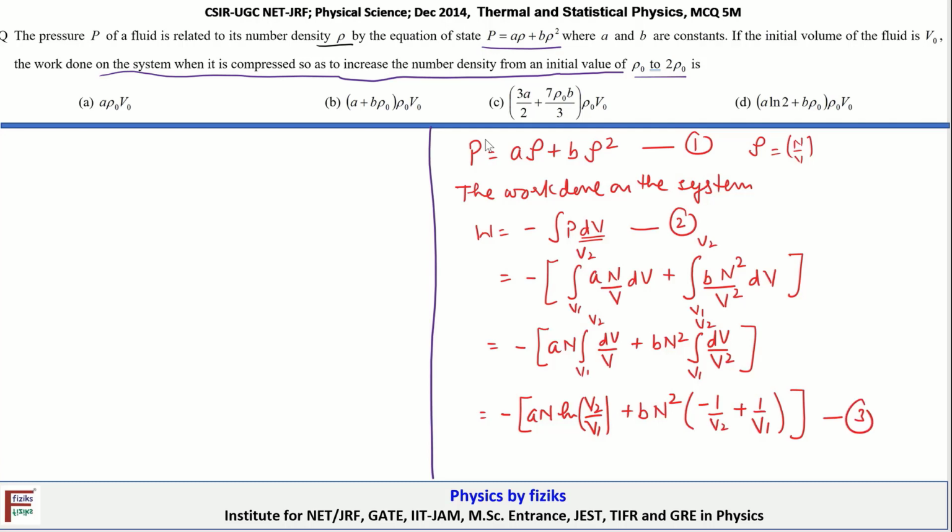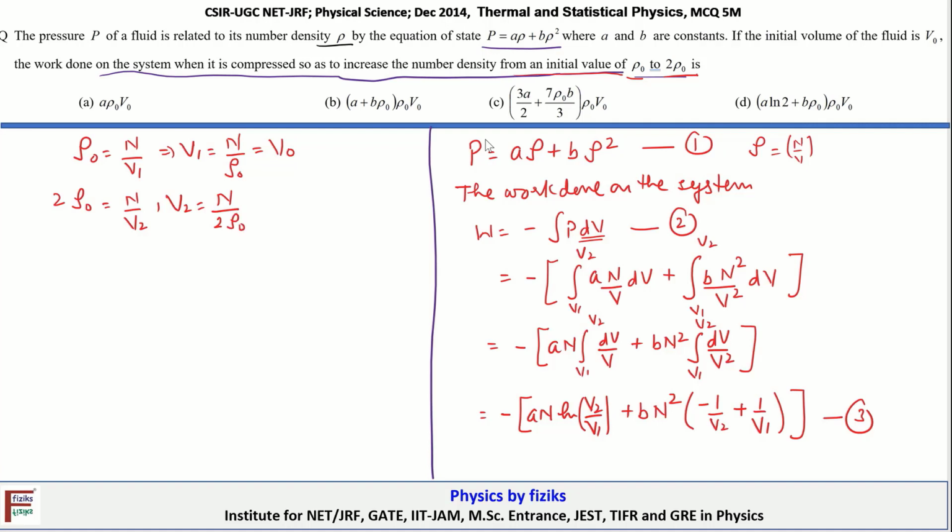We are given that the number density changes from an initial value rho naught to 2 rho naught. That means rho naught is given as n by V1. So this implies V1 is n upon rho naught, that is equal to V naught, let's say, and 2 rho naught, because it's changing from rho naught to 2 rho naught, is equal to n upon V2, implying that V2 is equal to n upon 2 rho naught.